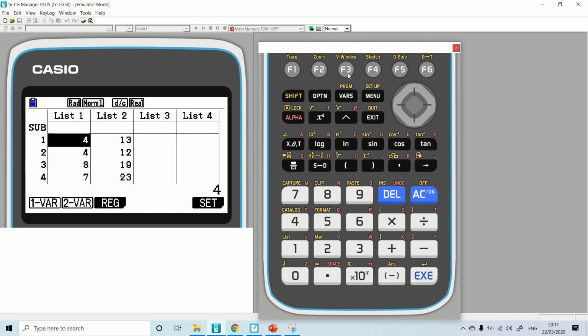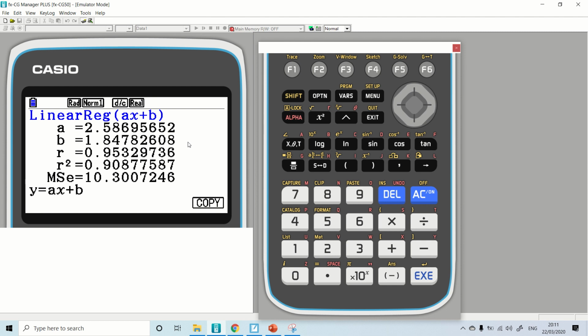And then we're going to go on reg for regression. Regression basically means a line of best fit. And once we've clicked on reg, we're going to click on X, and we want AX plus B. Well, what this actually does is it draws a line of best fit through the data using a formula, and it gives us the equation of the line of best fit.